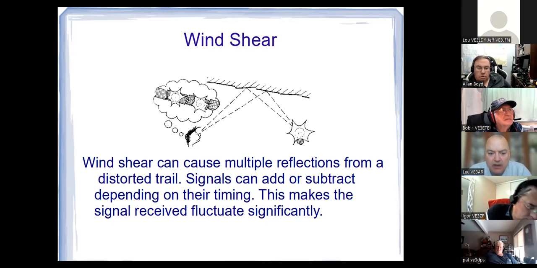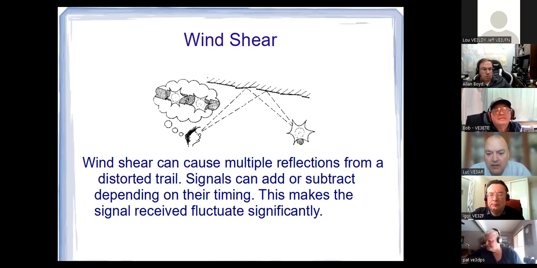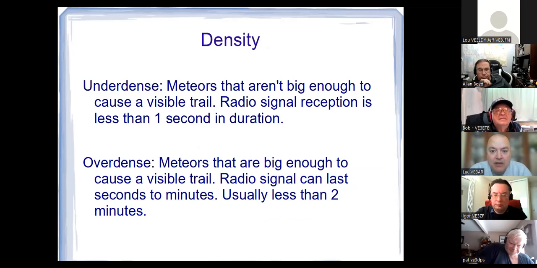The signals can add or subtract depending on the timing. So that means when you're receiving, you might get a stronger or a lower signal at different times as you're receiving through a different part of that trail. And the fluctuations are quite significant. You'll see them in the images.